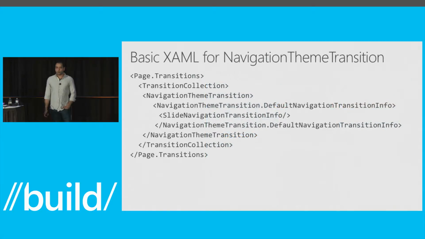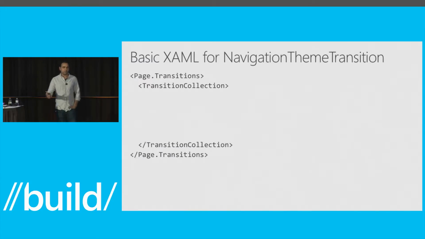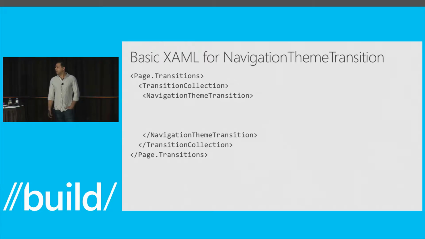So let's look at the code that you need to write to get that slide navigation transition. At the top of your page, you'll have the page.transitions specified in your XAML, which will have a transition collection again. And inside of that, you will specify the navigation theme transition. Now, the navigation theme transition is slightly different from the other theme transitions because there are different types of navigation theme transition that you can have.